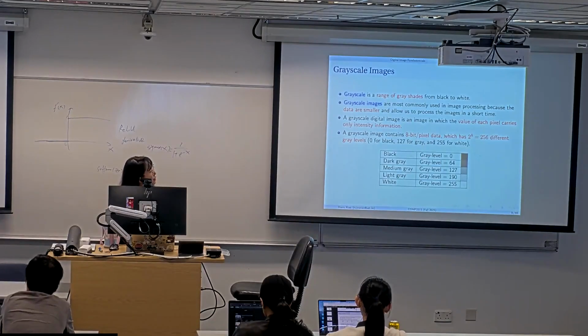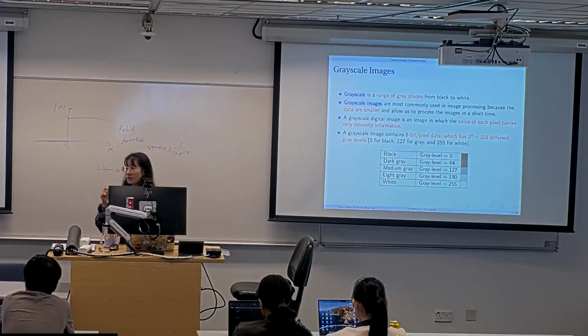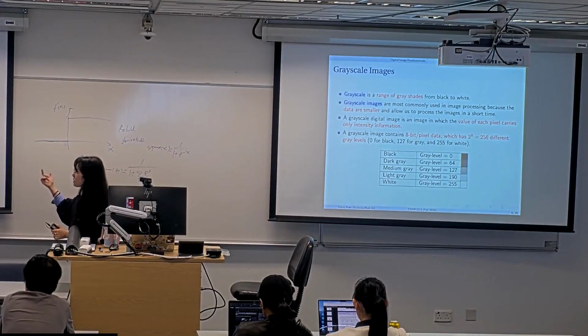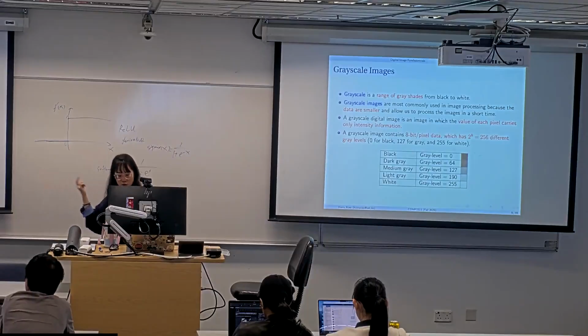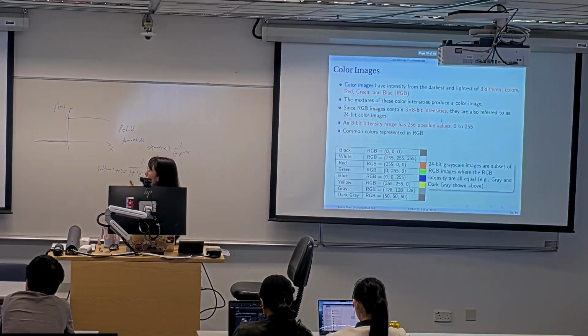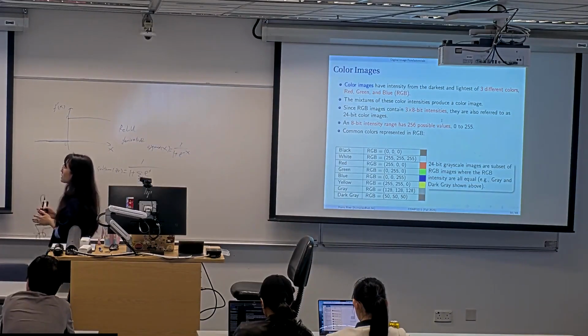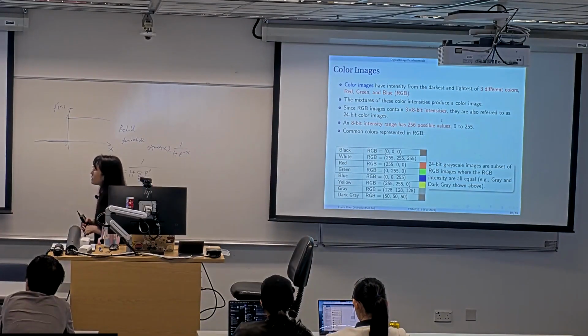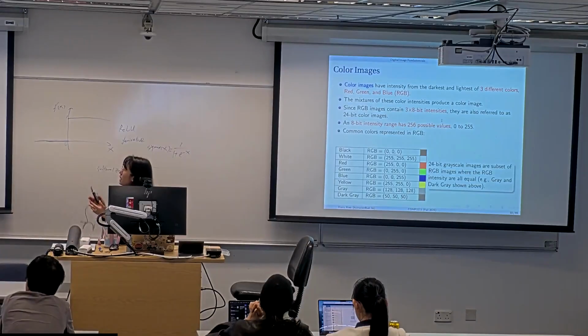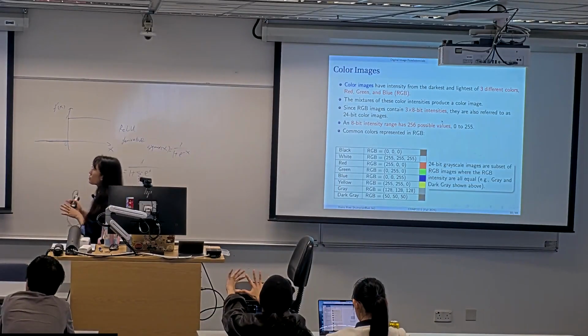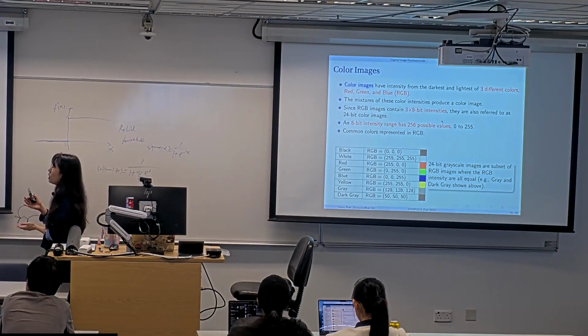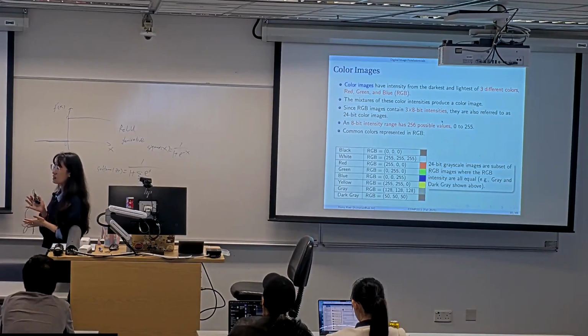And if you want to have color information, then you don't use these grayscale images. If you want to store a color image, then you use 3 channels, that's RGB. These color images have intensity from the darkest to the lightest of 3 different colors: red, green, and blue.